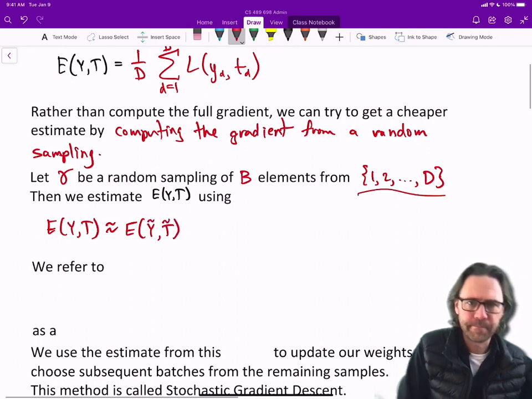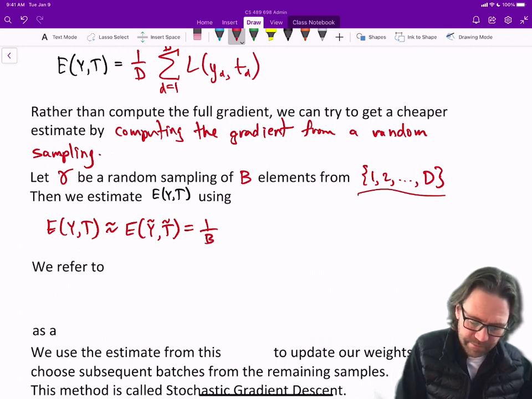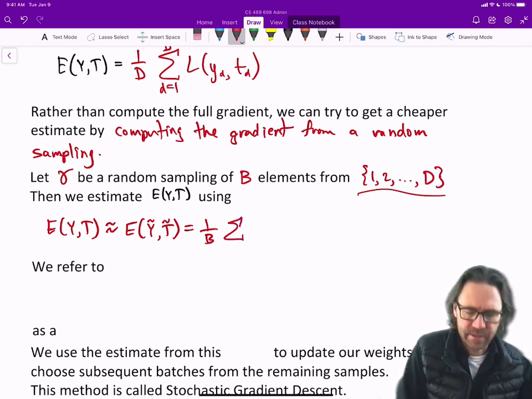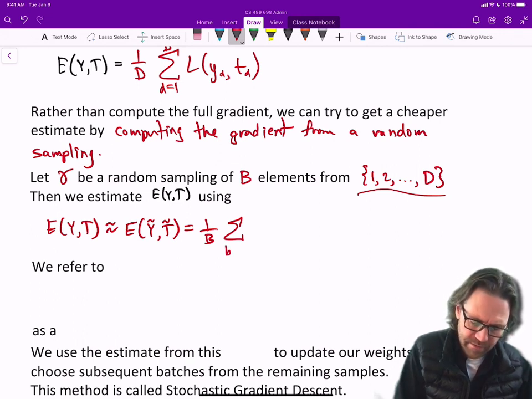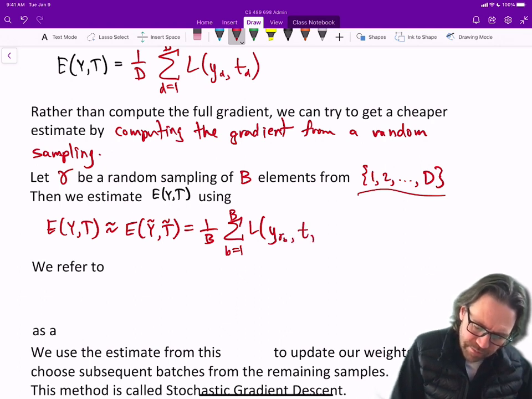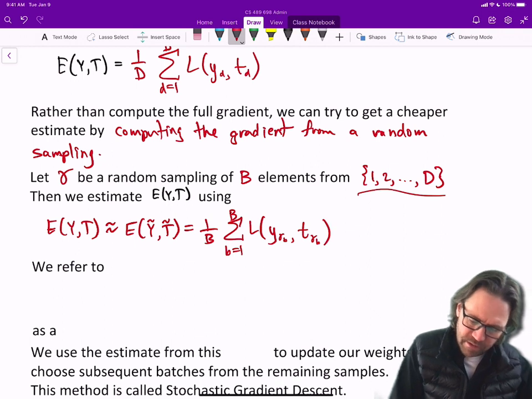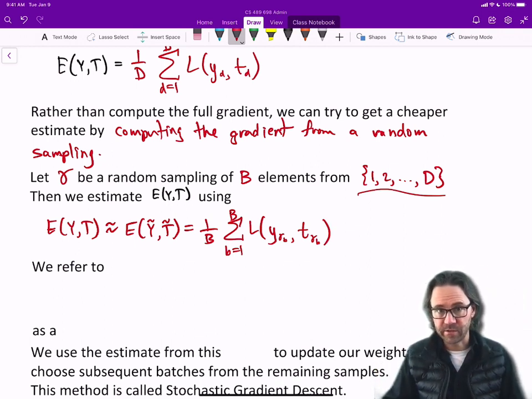Which is 1 over B, not D, and let's say b equals 1 to capital B, the loss between y sub gamma sub b, t sub gamma sub b. So this gamma is a set of indices from the full set of indices.